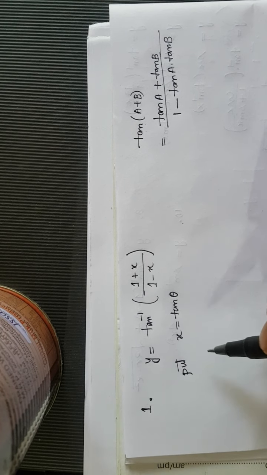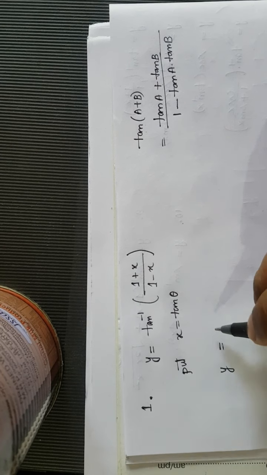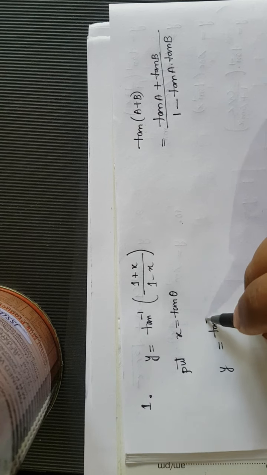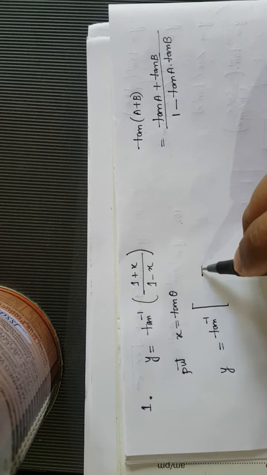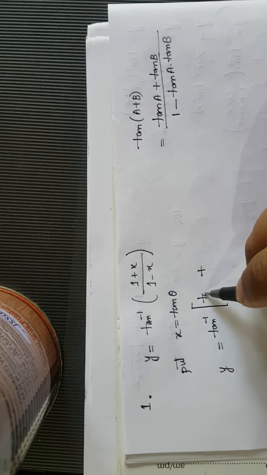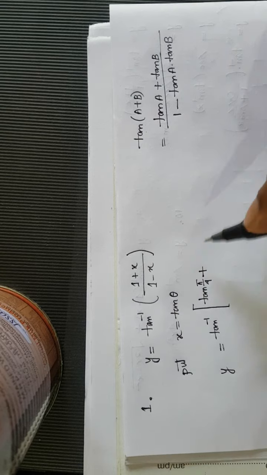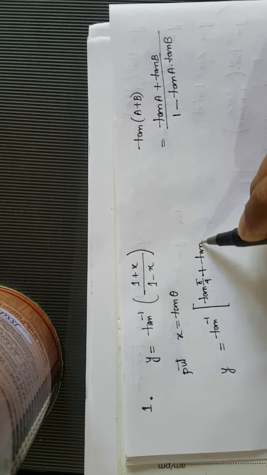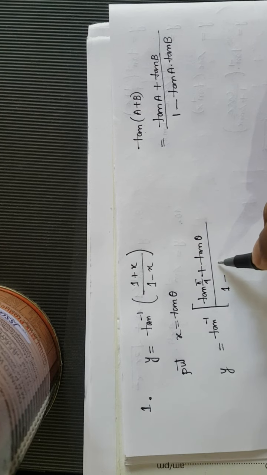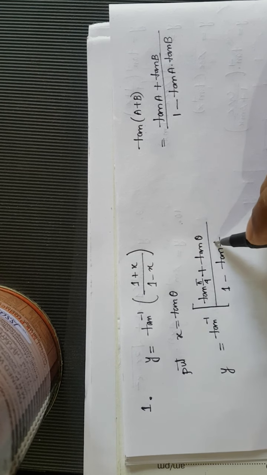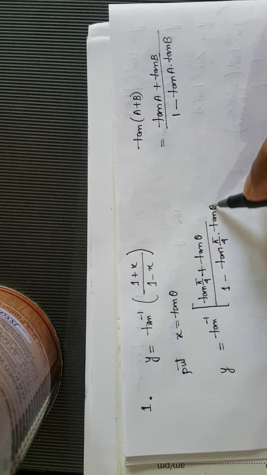Now if I put x equal tan theta, it becomes y is equal to tan inverse of 1. What is 1? 1 means tan of pi by 4. So 1 plus tan theta divided by 1 minus tan pi by 4 into tan theta.